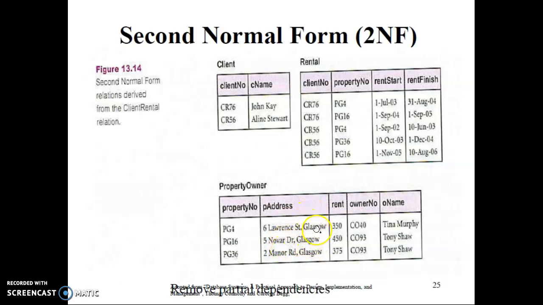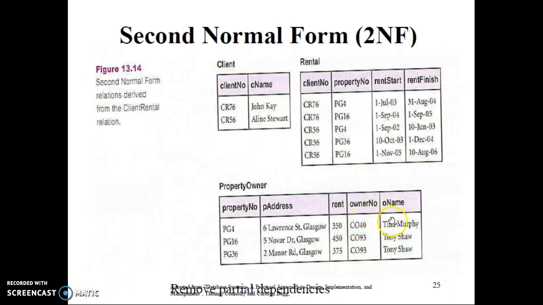Now see property owner table here, and there is transitive dependency. In what way means? You can see here all the non-primary key attributes within the property owner relation are functionally dependent on the primary key except owner name, which is transitively dependent on owner number. In other words, property number determines P address, rent, owner number.